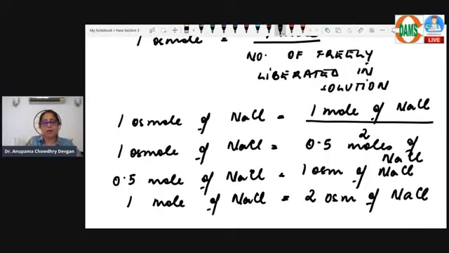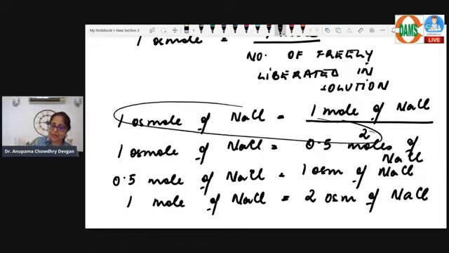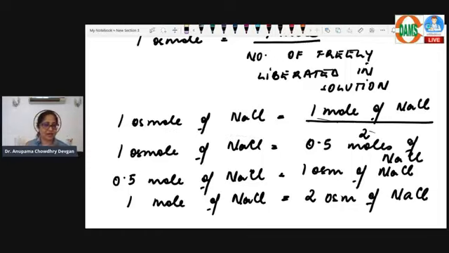So this was a common doubt that I had been asked, how is it possible? The question is, 1 mole of sodium chloride is equal to how many osmoles? Either you could cross-multiply this, or follow what I've done. I've just tried to explain why 1 mole of sodium chloride is equal to 2 osmoles.